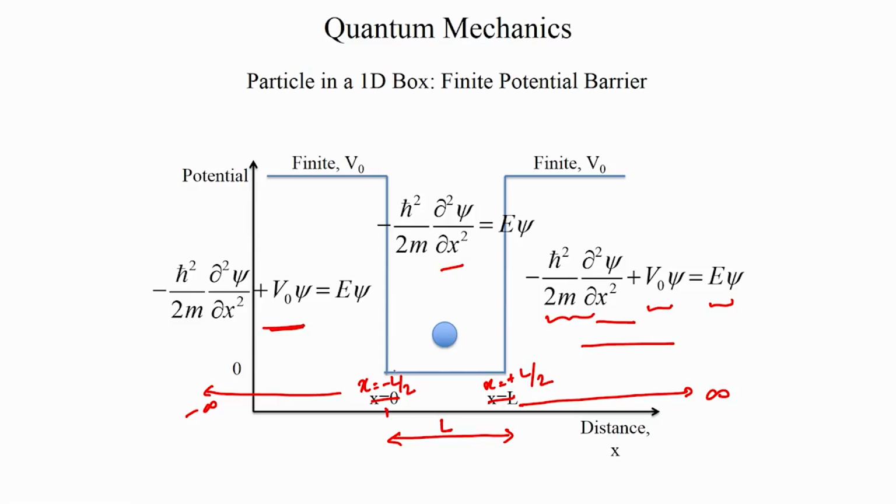And inside the box, that is for the region minus L by 2 less than or equal to x less than or equal to plus L by 2, you have this Schrodinger's equation. I will call these region 1, region 2, and region 3. So, you have 3 different regions and you have written Schrodinger's equation for each of these regions.